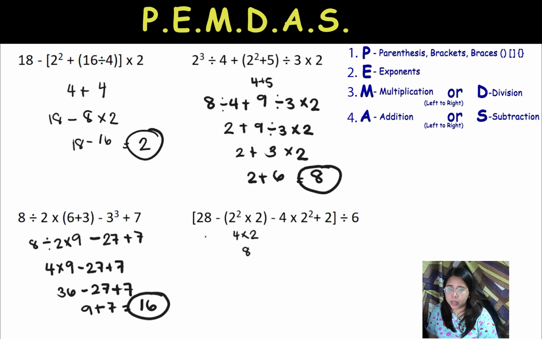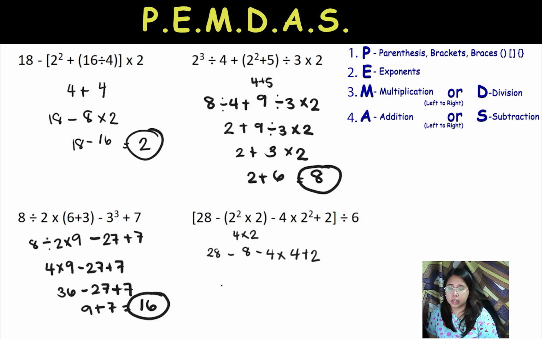Tapos, kopyahin natin yung the rest of the equation inside the bracket. Okay, so 28 minus 8 minus 4 times, so we have 2 squared here. According to PEMDAS, ang next na isi-solve is exponents. Okay, so solve natin tong 2 squared and we get 4 plus 2.